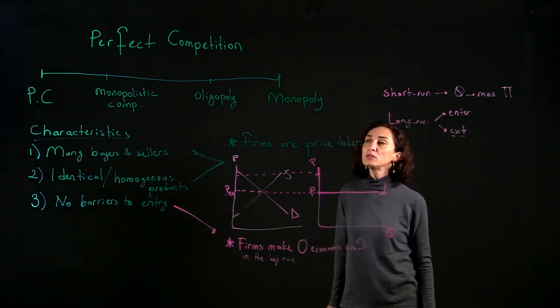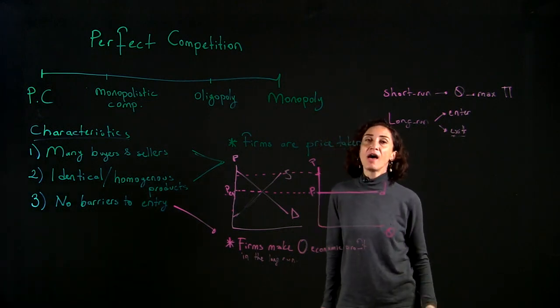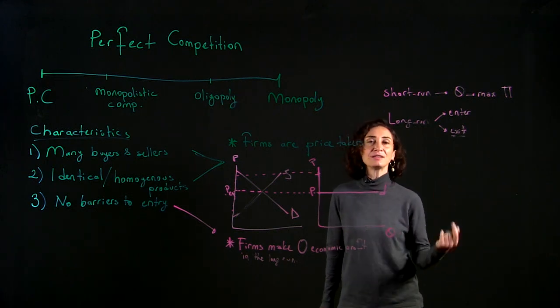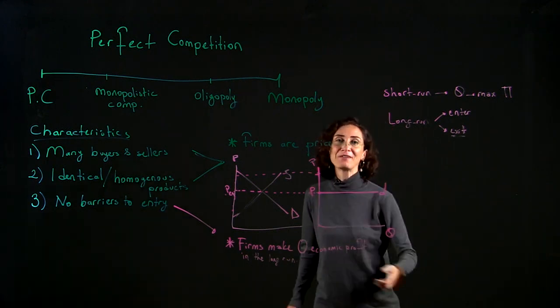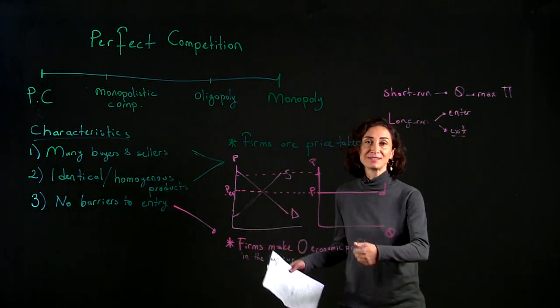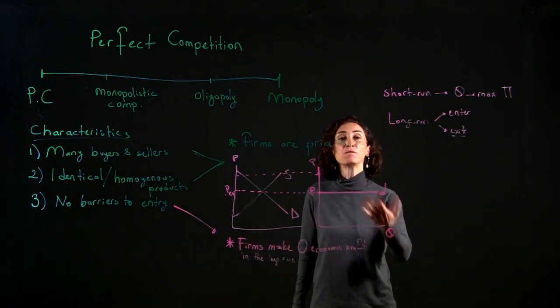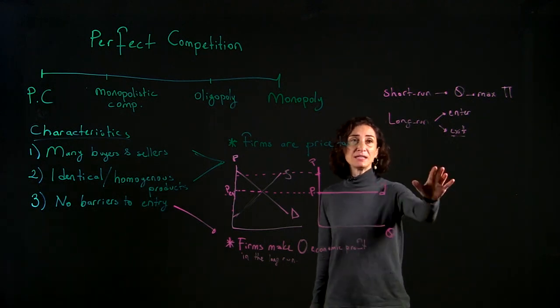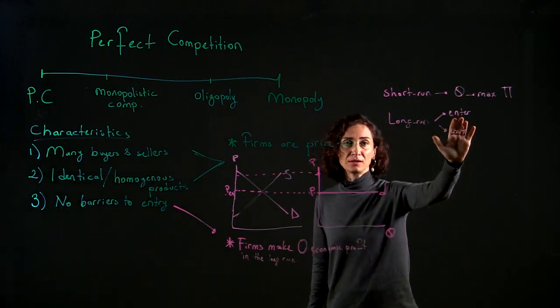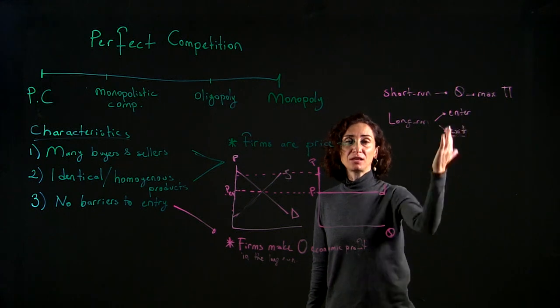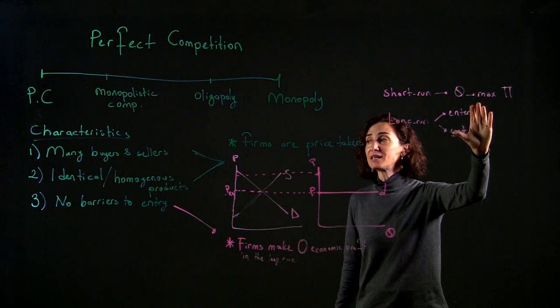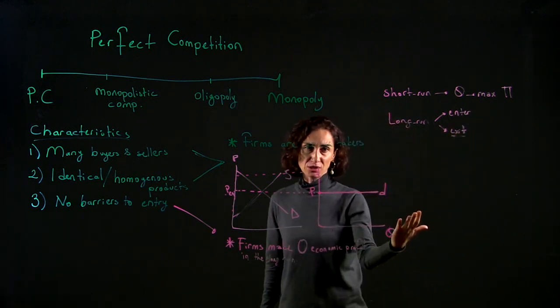So I say, oh, this is a good business. And in the long run, I might decide to enter. I cannot just decide tomorrow I will take my tomatoes to the market. It will take time for me to find the necessary inputs. It means in the long run, we can enter into a market, right? So entering and exiting are long run decisions.